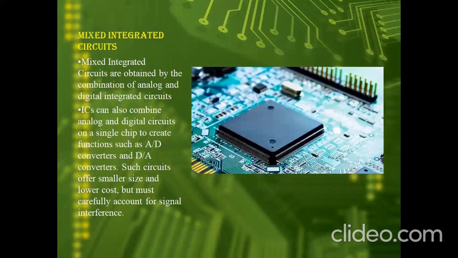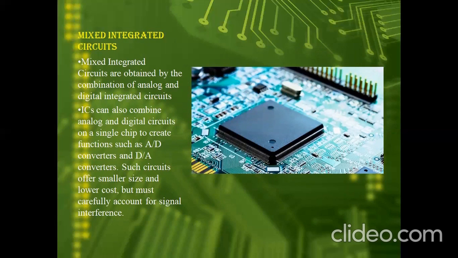Next one is mixed integrated circuits. Mixed integrated circuits are obtained by combining analog and digital integrated circuits. In some situations, we may require certain ICs to perform both analog and digital operations.